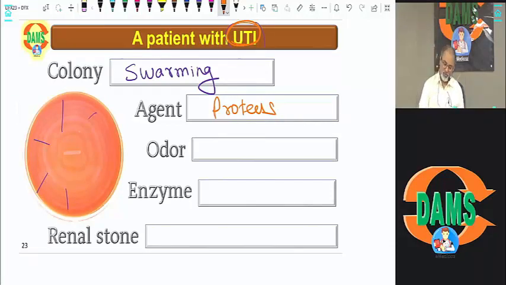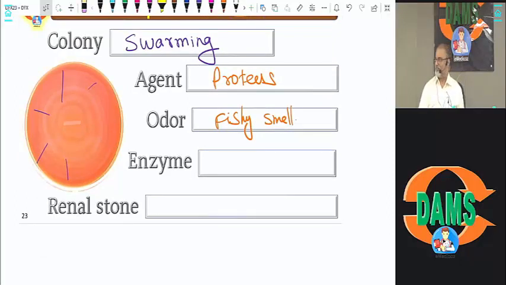Okay. What is the smell of Proteus? Fishy smell. It possesses one specific enzyme. If you demonstrate the enzyme, you can identify Proteus. Phenylalanine deaminase. Name of the test, phenylpyruvic acid test, PPA test. Name of the enzyme, phenylalanine deaminase.